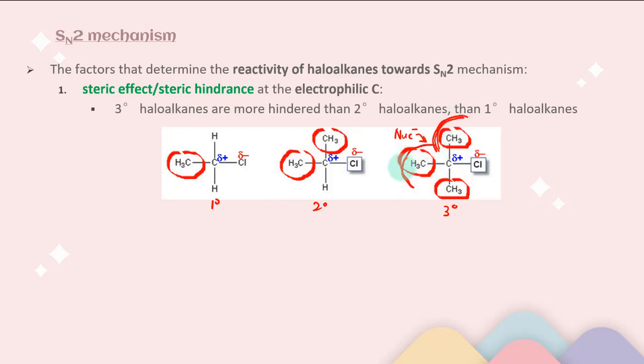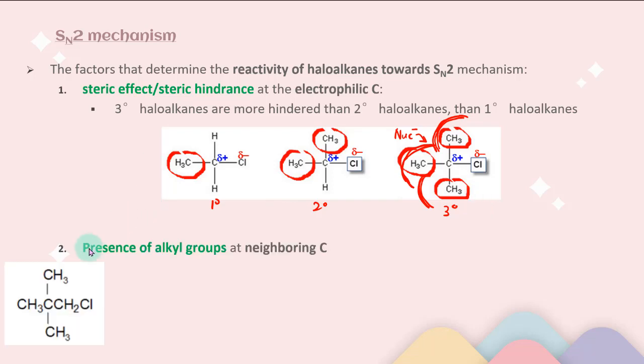That means it is kind of blocking the pathway for this nucleophile to attack from the back. So we say that tertiary haloalkanes make it very difficult for nucleophiles to attack from the back, so it's impossible for the SN2 mechanism to happen. The second factor is due to the presence of alkyl groups at the neighboring carbon.